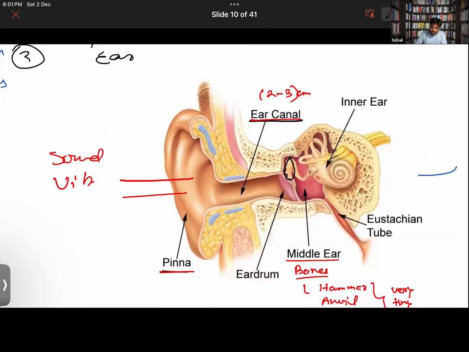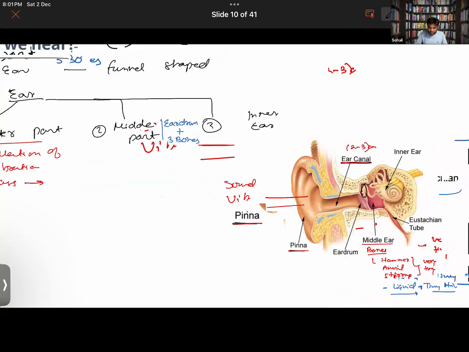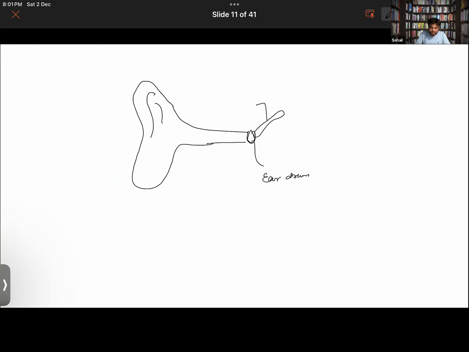I'm drawing the inner part here, just so you guys are able to understand it properly. Say this is a human ear. This is the eardrum. From the eardrum you have a bone connected, called the hammer. Another small bone is connected to it, called the anvil.